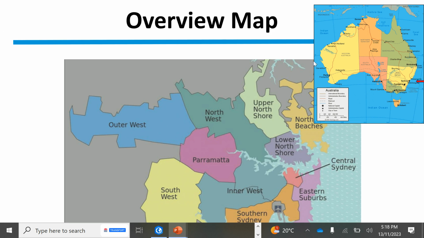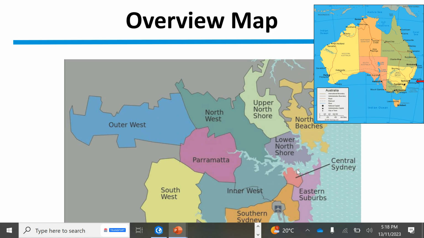I'll start with a map. This is a map of Australia. You can see New South Wales in yellow at the bottom right, and you can see Sydney around here. This is a magnified area of Sydney, and you can see the different LGAs. LGA stands for local government areas. We focus a little towards the west and southwest part of Sydney.